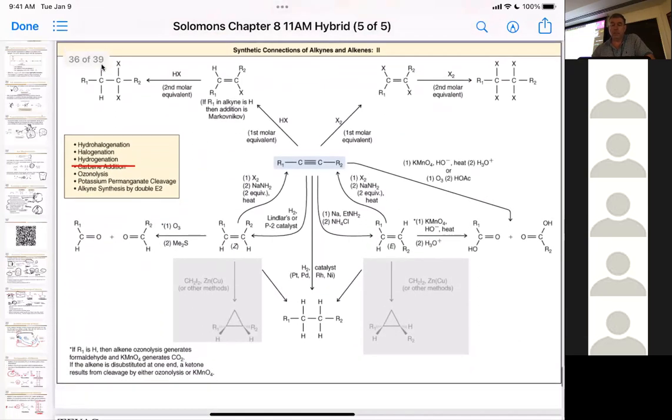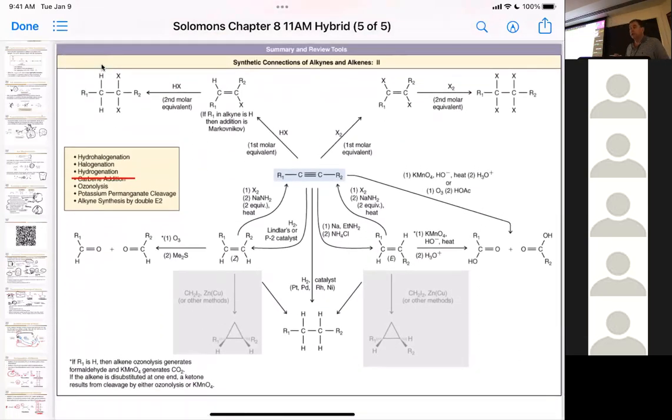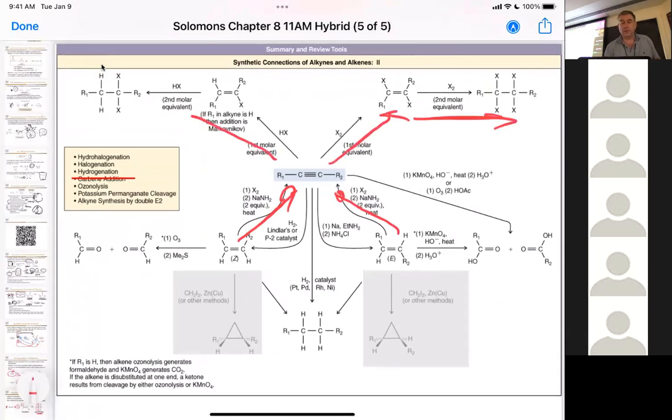So in the back of your book, you have this summary right here. How to make alkynes, how to use alkynes to make different tetrasubstituted or disubstituted products, the Lindlar's catalyst, the dissolving metal reduction, the regular reduction catalyst.